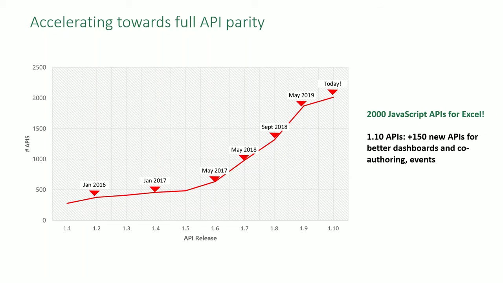So I'm super excited to announce today our 1.10 requirement set just launched. We now have 2,000 JavaScript APIs available for Excel. And in 1.10, we have scenarios that are unblocked in terms of allowing you to create better dashboards as well as co-authoring scenarios around commenting. So definitely worth checking that out.